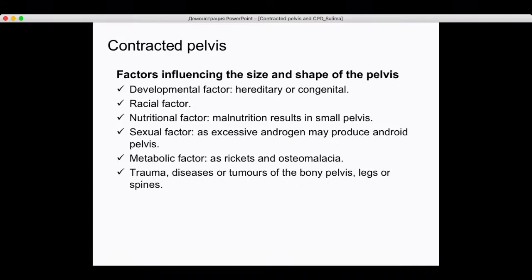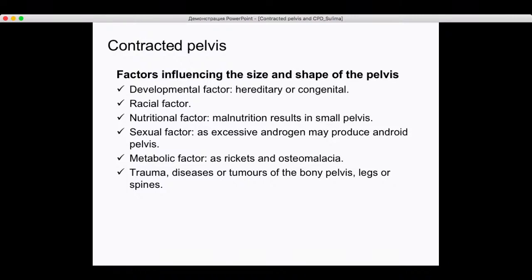Which factors influence and change the size and shape of the female pelvis? Of course, there are developmental factors, maybe hereditary or congenital malformations changing the size and shape of the female pelvis.